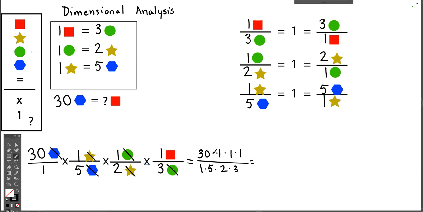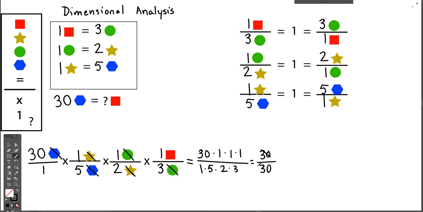And our numerator is super easy. We can multiply 30 by 1 a million times and we'd still just get 30. So we can just leave 30 there. And in the denominator, 1 times 5 is just 5. 5 times 2 is 10. And 10 times 3 is 30. And isn't this satisfying? We now have 30 divided by 30.